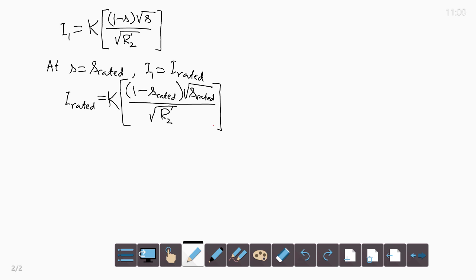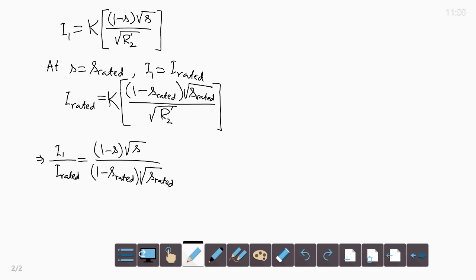So, with this, I1 by I rated is given by (1 minus s) into root over of s divided by (1 minus s rated) into root over of s rated. And from this torque current expression, you can see current is a function of slip s.